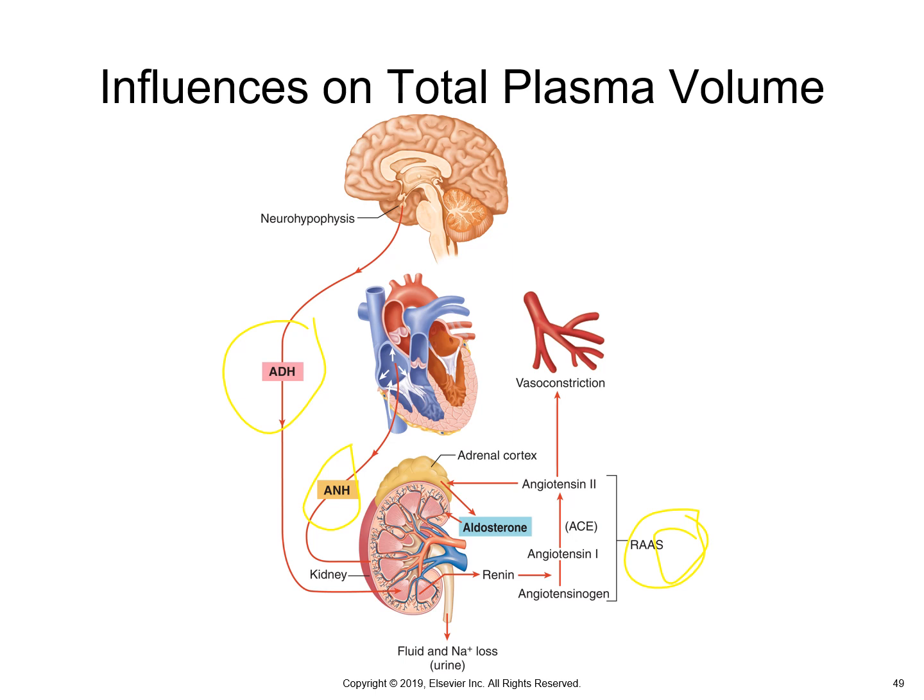All right, dehydration and also hemorrhage can trigger that RAS activation to restore that blood volume. So again, total plasma volume is tightly regulated by some of our hormonal mechanisms to maintain that level of homeostasis.